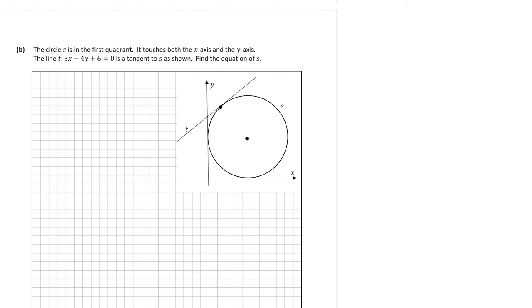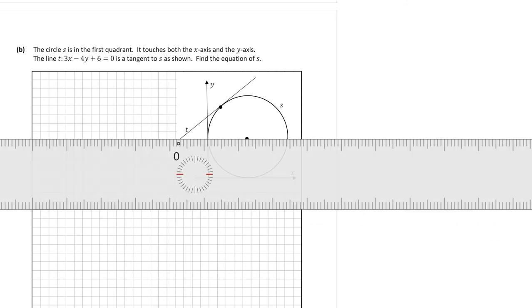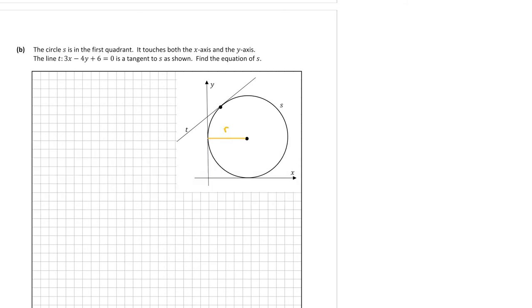So the first thing to spot with this question is, if I look at the center here, I know that that distance there is the radius. Okay, but the center of any circle, we call it minus g, minus f.